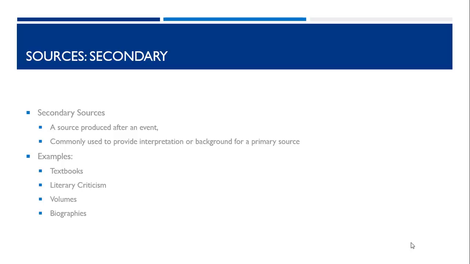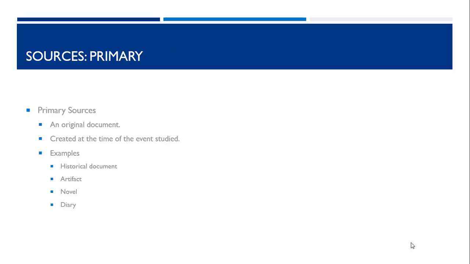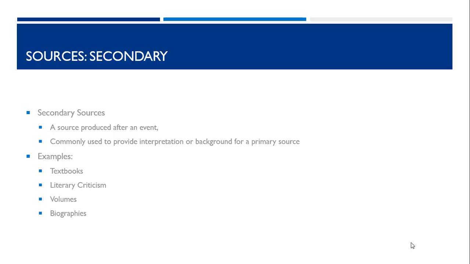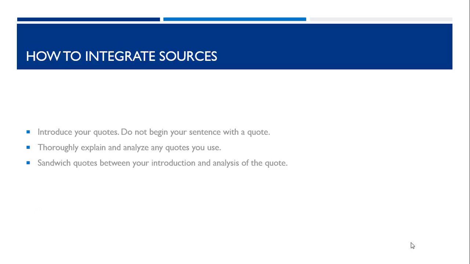Volumes and biographies also could be included in potential secondary works. Often teachers will require students to have a couple primary works and then also some secondary works. So it's important to know the difference so that you can fulfill those requirements in your own writing.